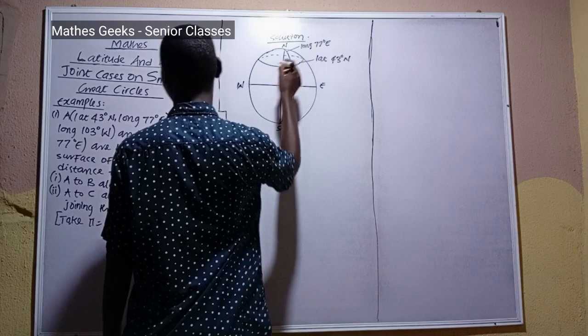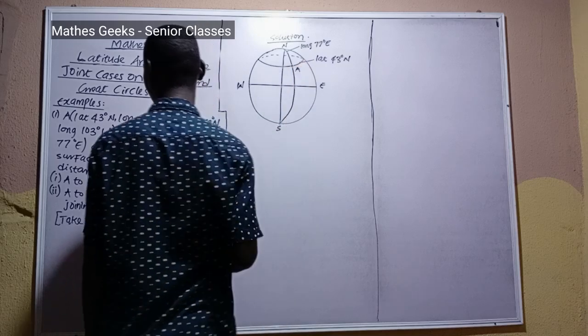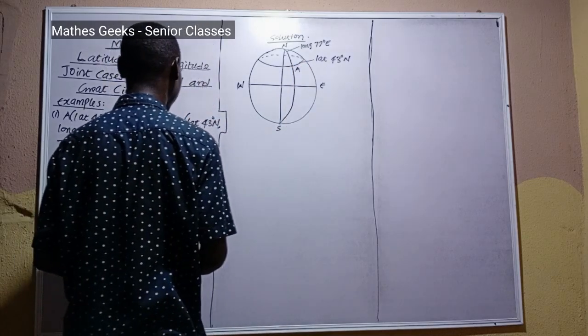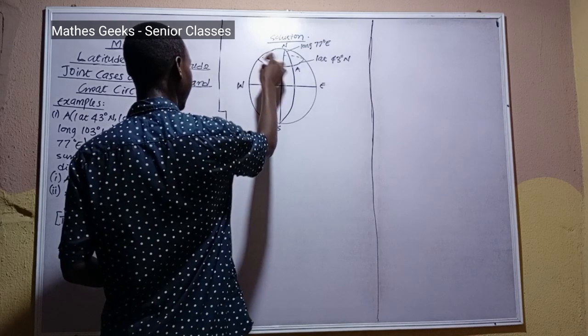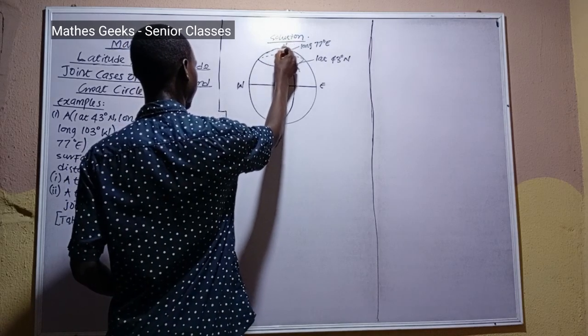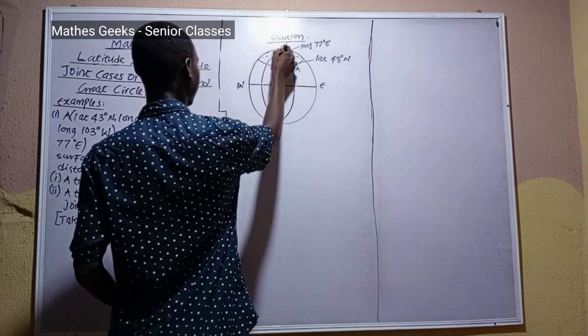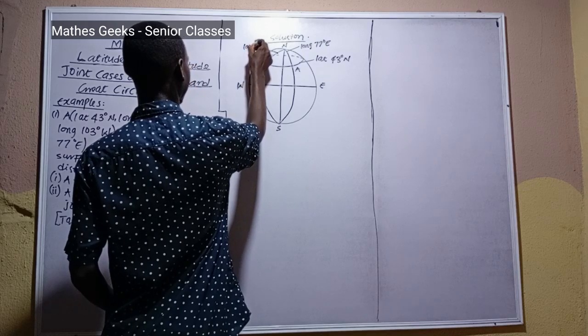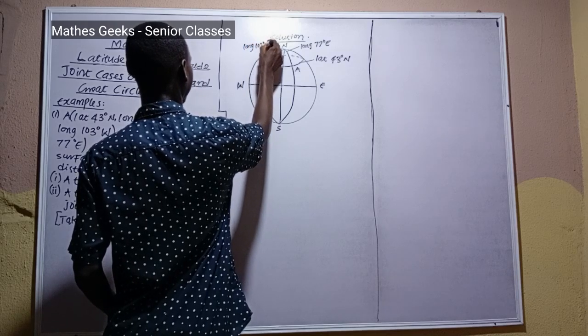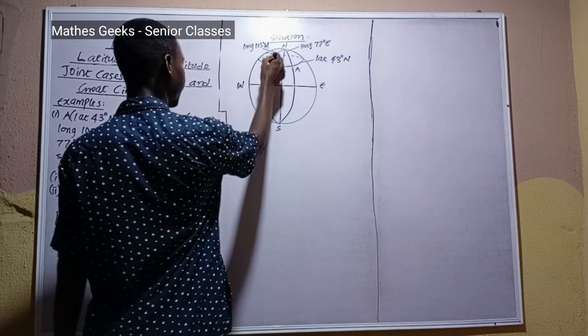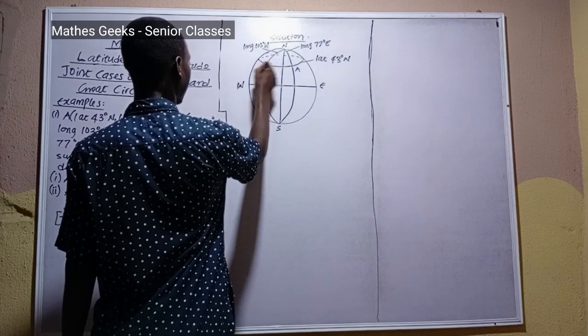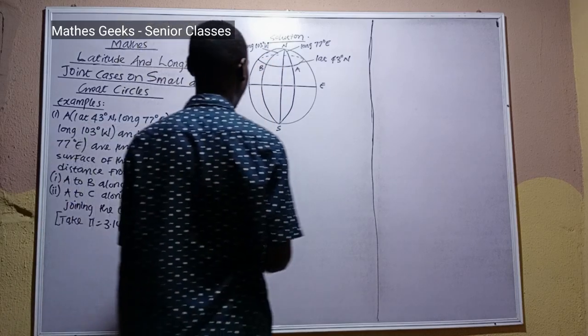So this is point A, and B is latitude 43 degrees north, on the same latitude but 103 degrees west. So this is longitude 103 degrees west, and this is point B. So points A and B are on the same latitude.